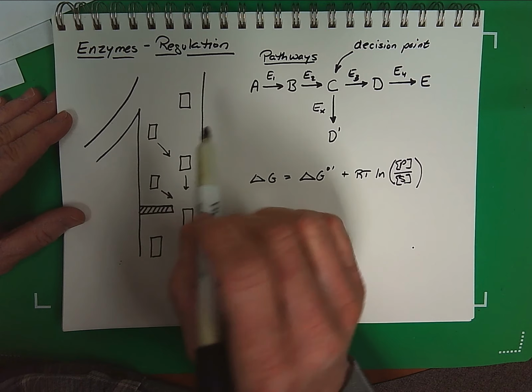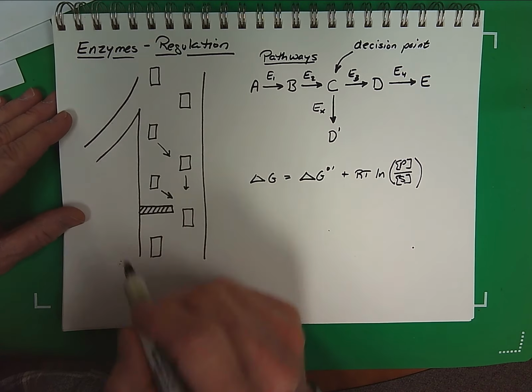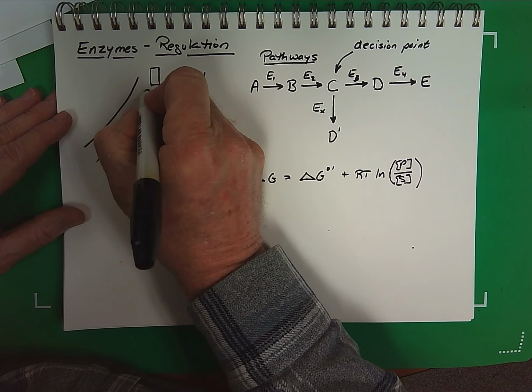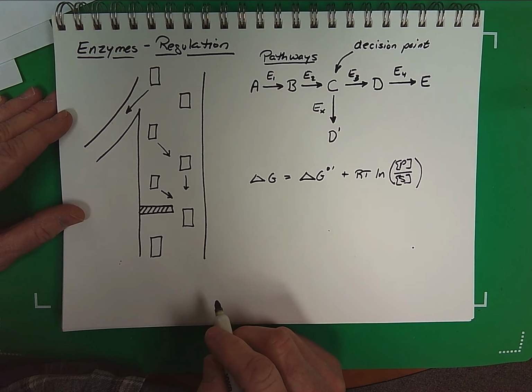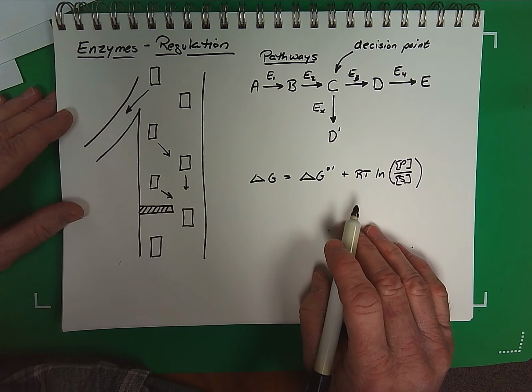Now what that will allow us to do is cars coming this way will have a choice. Because this area is building up, they can take an off-ramp and take an alternative course. Now what does that mean in terms of our pathways and thermodynamics?